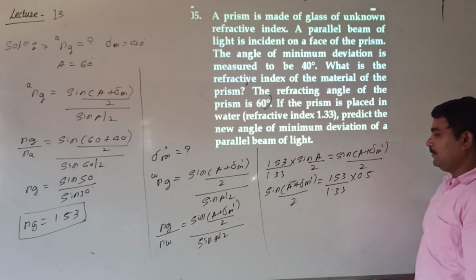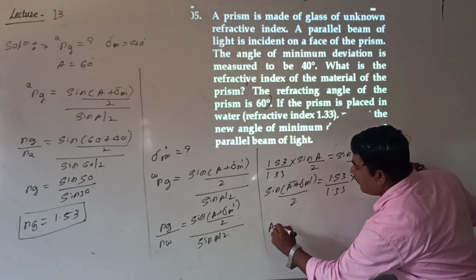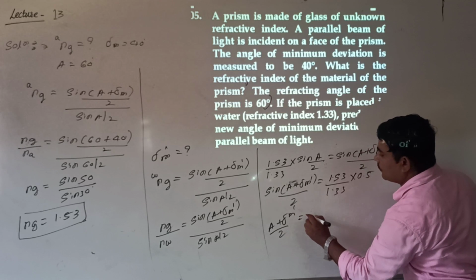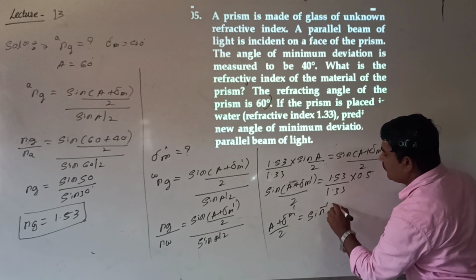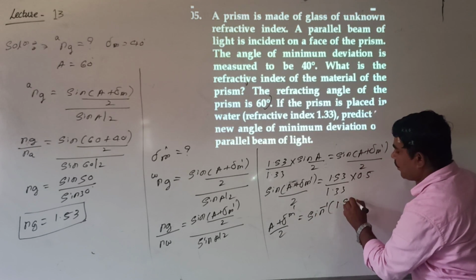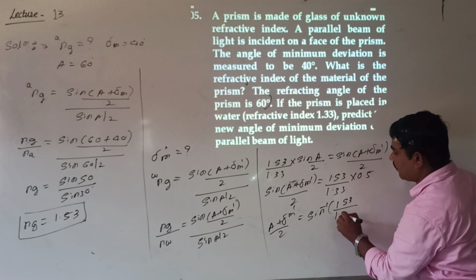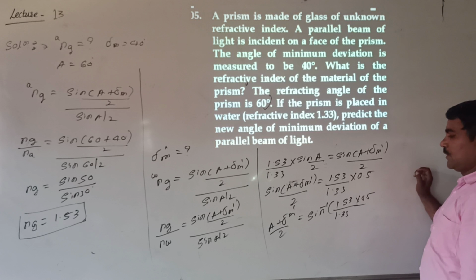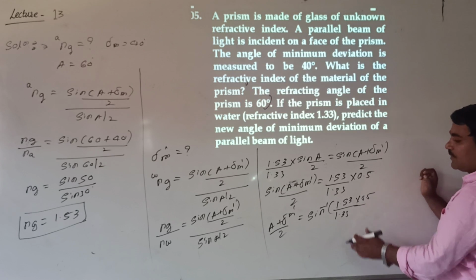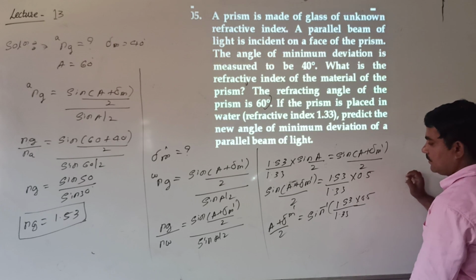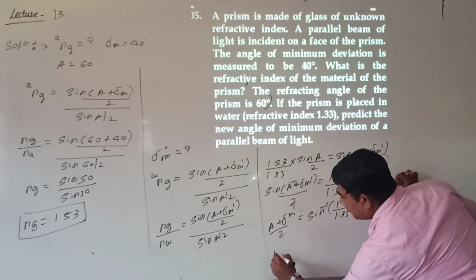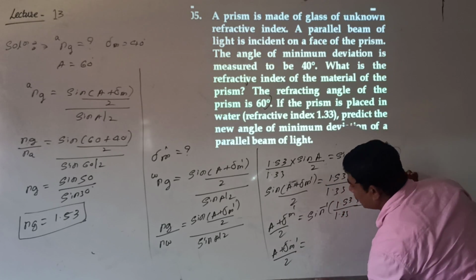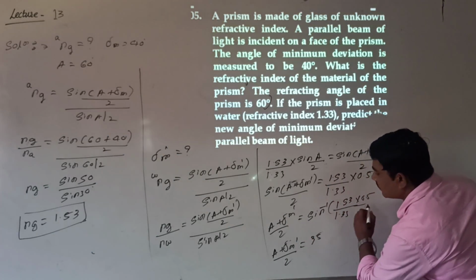So (A plus delta m dash) divided by 2 is equal to sine inverse of 1.53 divided by 1.33 into 0.5. Around sine inverse of this value we get about 35 degree. So (A plus delta m dash) divided by 2 is equal to 35 degree.